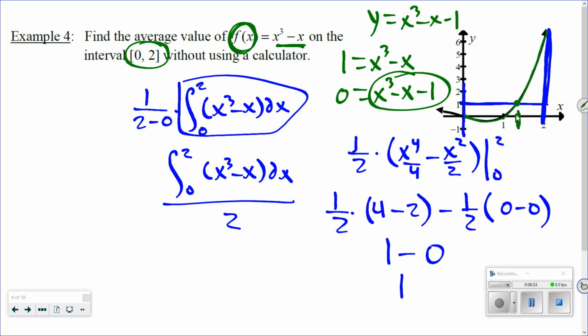You can have multiple x values where the actual value of the function equals the average on some graphs. This one, though, we can see the graph. It only has 1 point, but there could be more with other functions. Okay, so you guys can go ahead and solve that. If I remember right, it comes out to be 1.3 something. But anyway, go ahead and solve that. Make sure you get that answer.